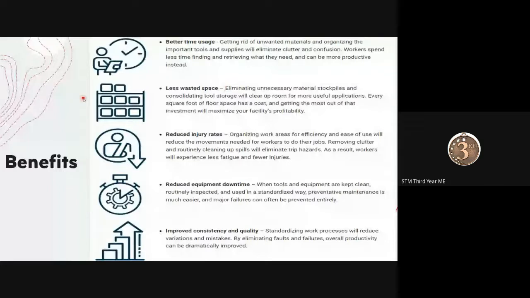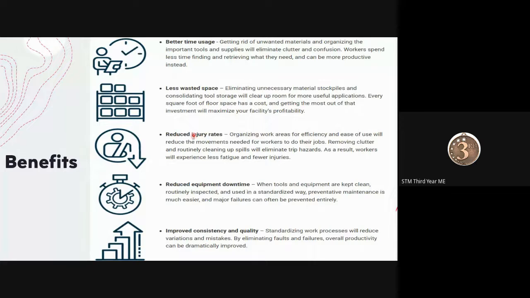Everything is being designed and used. Every design of the floor is being used as some type of storage or some type of workstation, hence reducing wasted space.